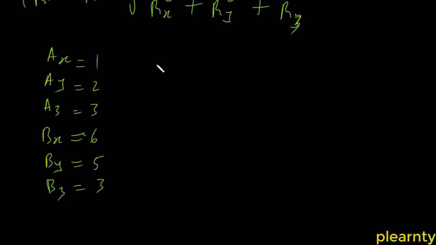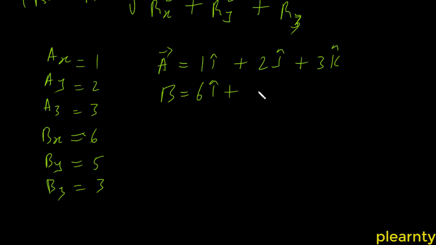We could say A is equal to 1i, which is the same as I, plus 2j plus 3k, and B is equal to 6i plus 5j plus 3k.